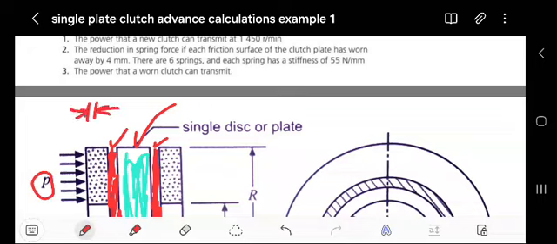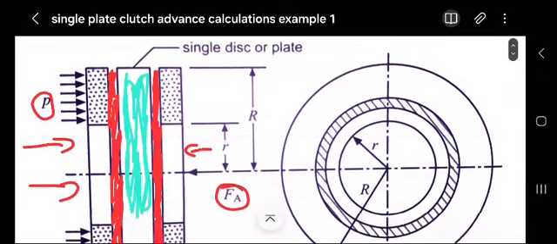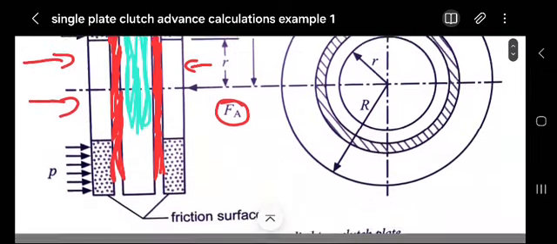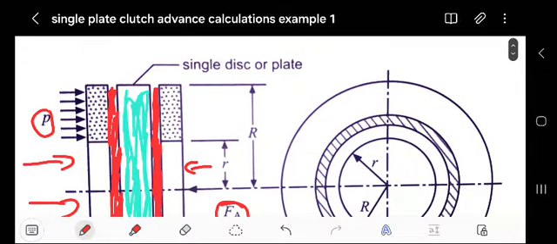So always when you're dealing with a single plate, the number of contacts will be 2. There is nothing you can do there. Hopefully you understand. Then here we are given R, which is the outer radius, then little r, which is the inner radius.